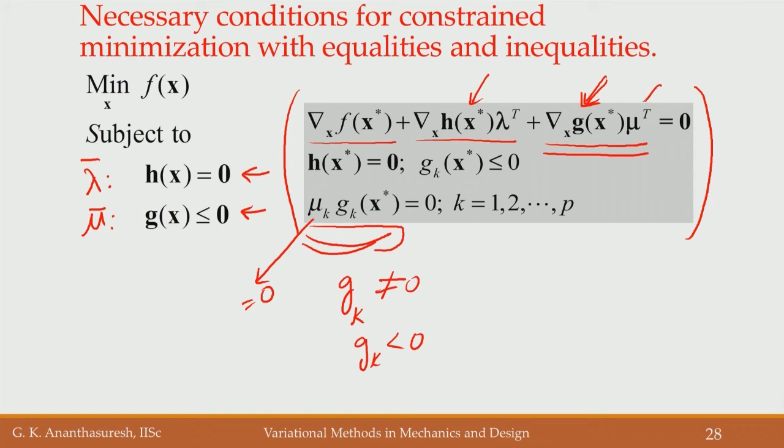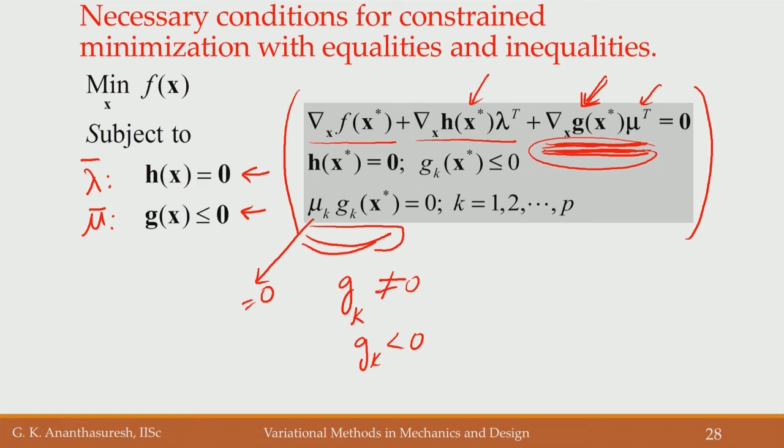When that mu is put, there is no problem, you are only adding something that has no meaning because it is basically 0. We can write it in general irrespective of whether a particular inequality constraint is active or inactive, we can add this term without any problem.